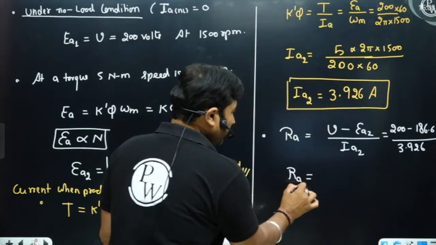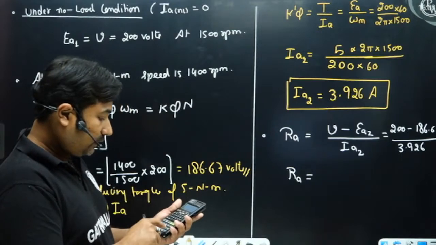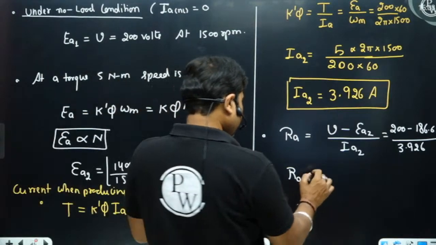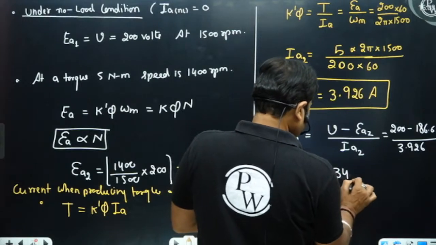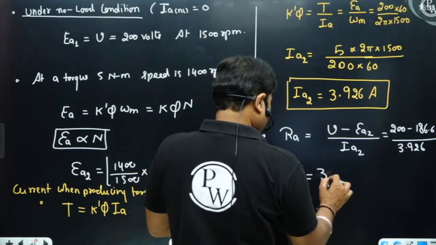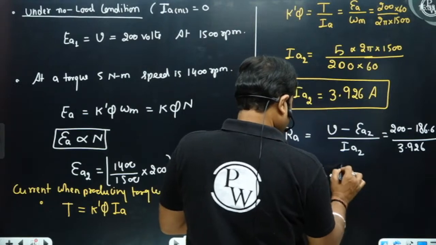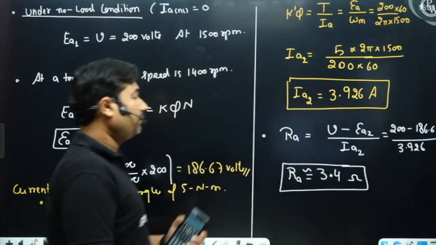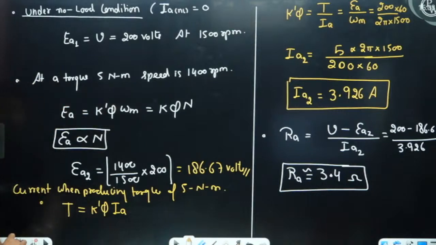What is the value of RA? It is approximately 3.39, so it is 3.4 ohm. Now we have RA.